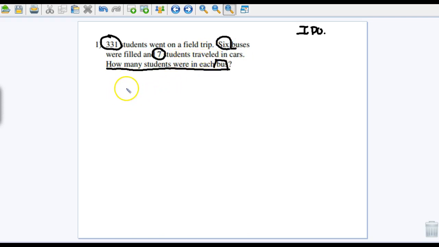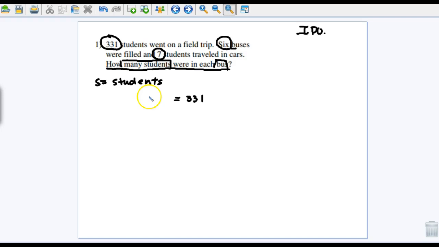So we're trying to find how many students. Okay, so my variable is going to be S for students. Okay, what do I know? I know that 331 students went on the field trip.